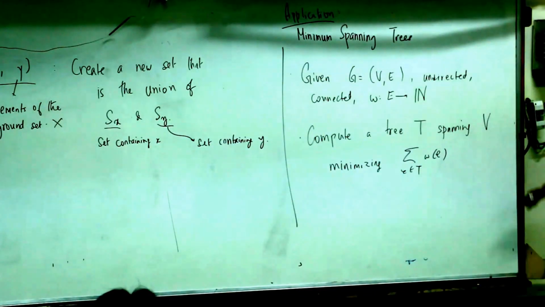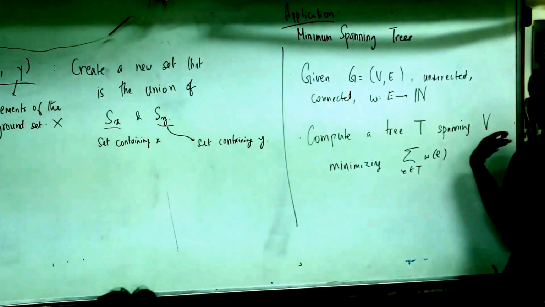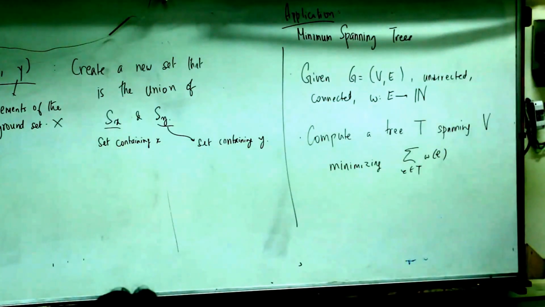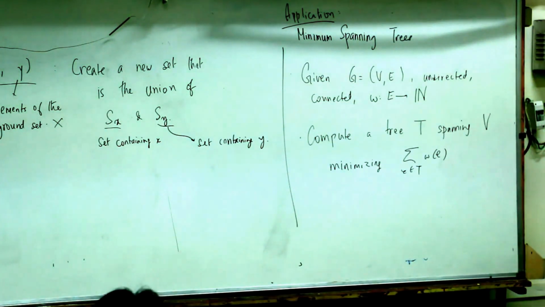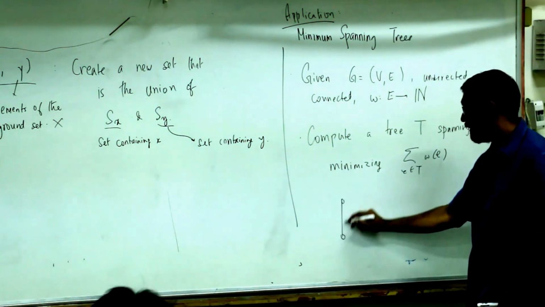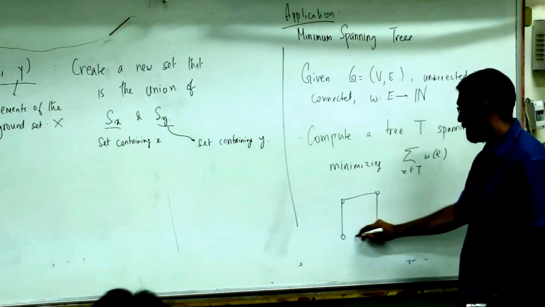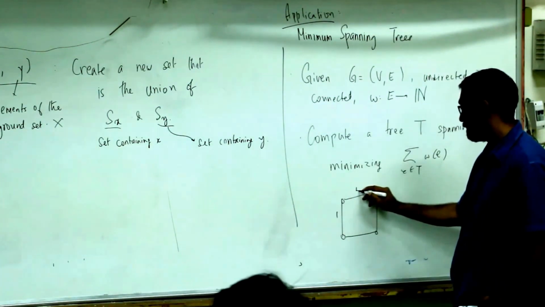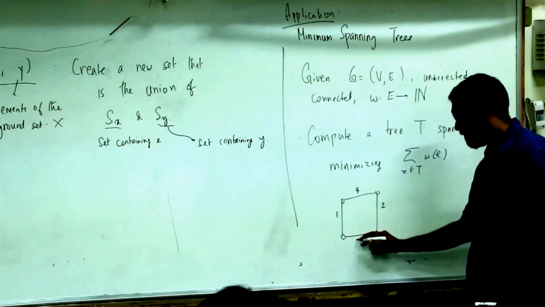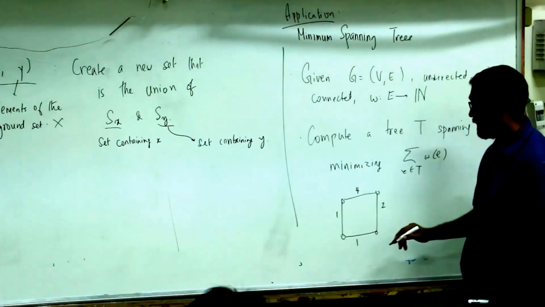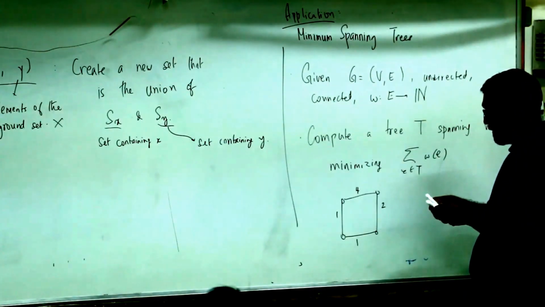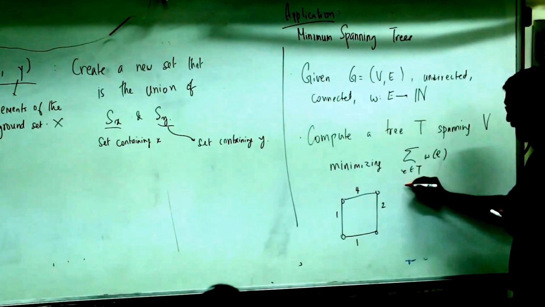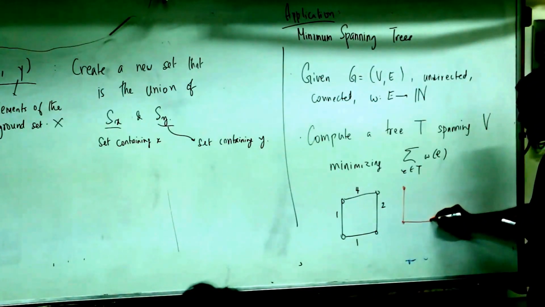So we want to compute a tree whose sum of weights of the edges is as small as possible, that spans all the vertices in the graph. For example, you might pick this tree.